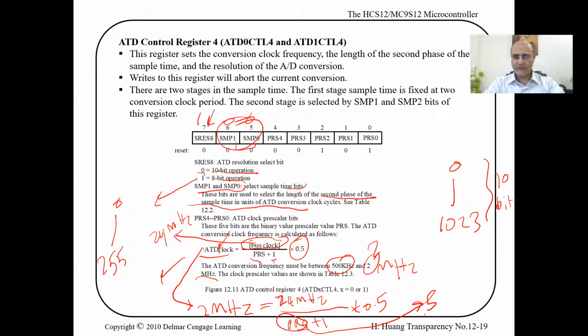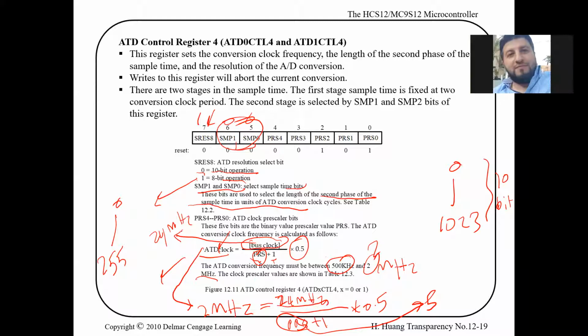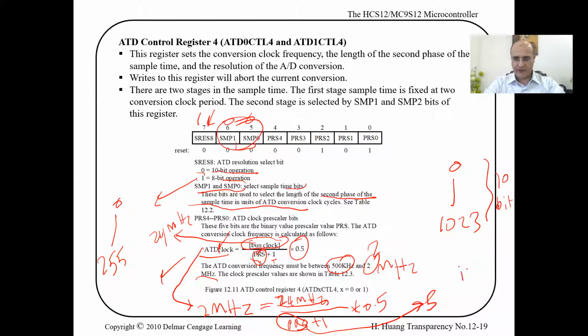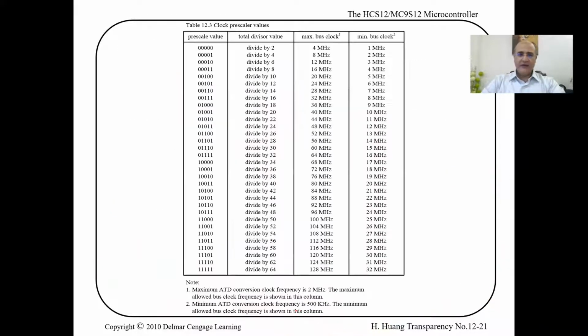Following with me, guys? So these bits, to get the 2 megahertz, if my PLL is 48 megahertz, then the bus is 24 divided by this. So you can compute it by this formula. And for people who are not good in math, you can use this table.